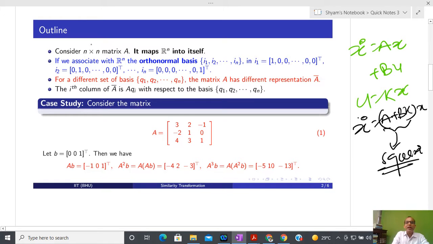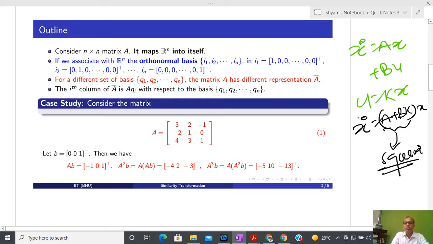Now I am going to select an n cross n matrix, and each entry of this matrix A is some kind of real number. It is possible to show that this matrix A maps from R^n to itself.